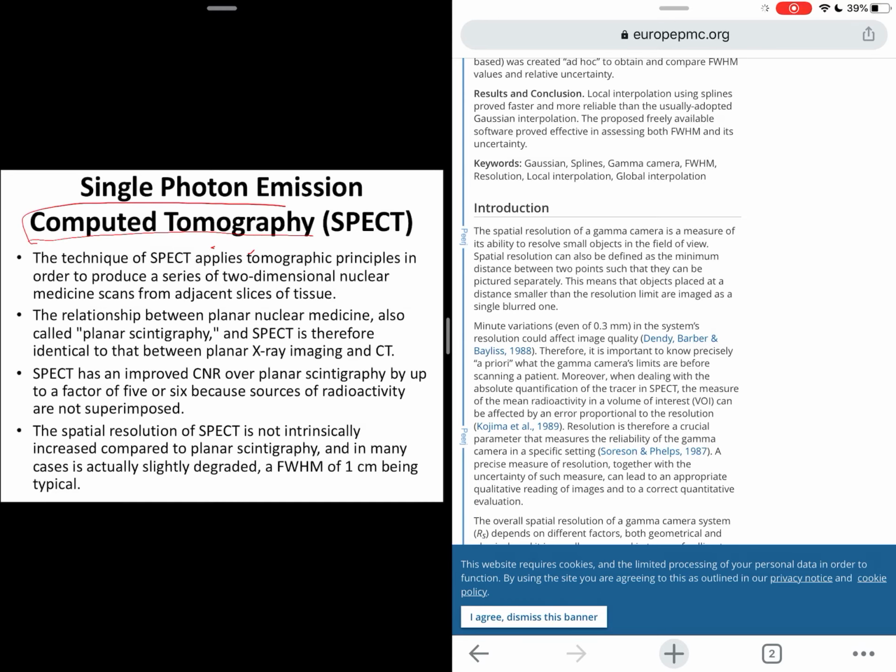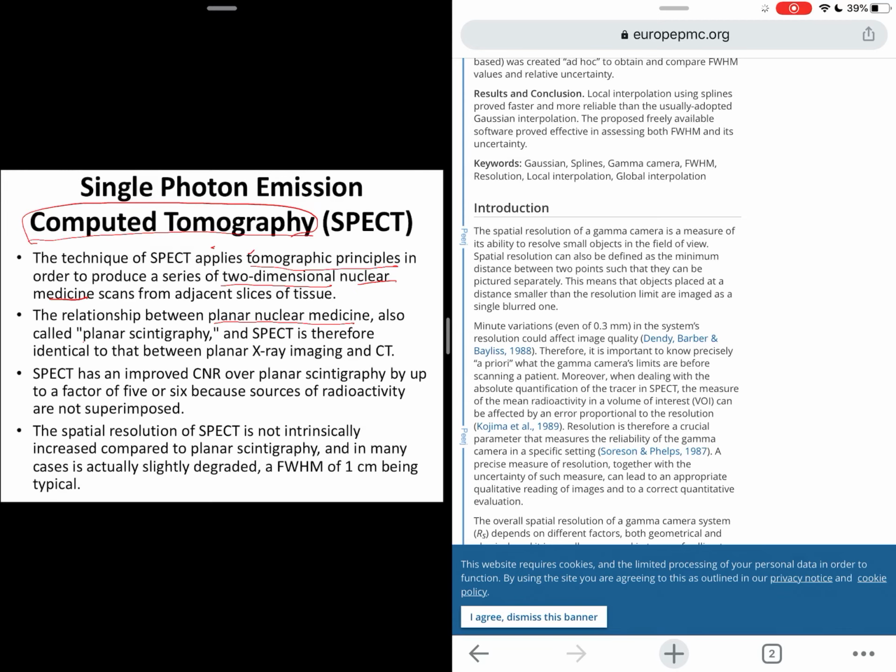So SPECT, as you are aware, is another advanced technique under nuclear medicine imaging. Basically, as the name stated here, computed tomography, it applies the tomographic principles to produce a 2D NMI scan.